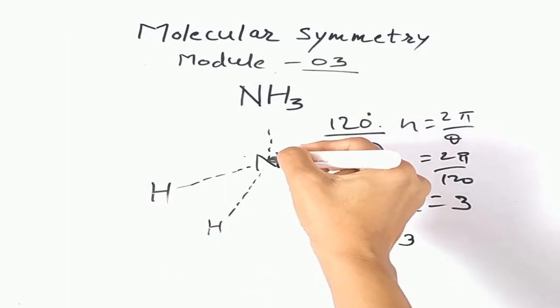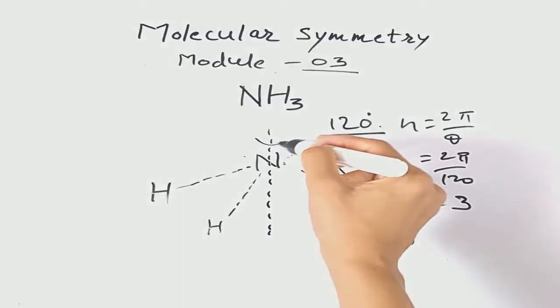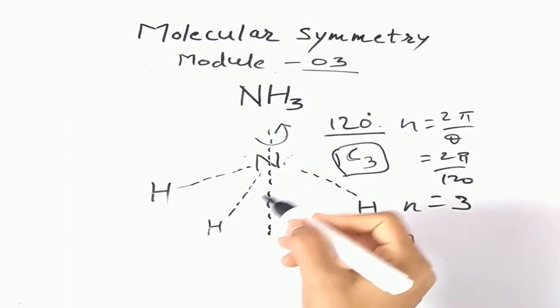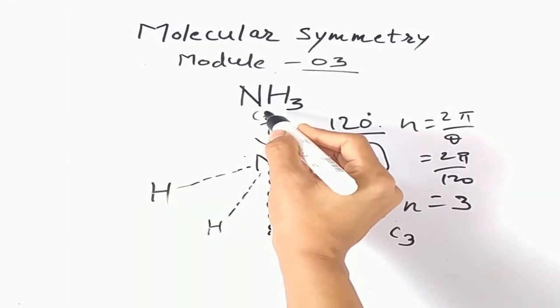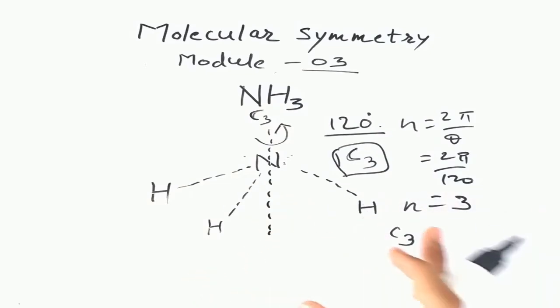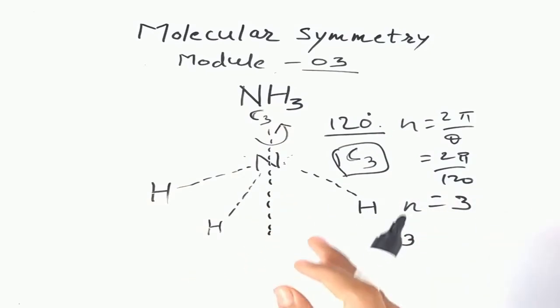This is the principal axis or rotational axis that we are passing, penetrating through nitrogen, having threefold rotation, that is C3. This rotational axis is nothing but the principal axis in ammonia. Why? Because it contains the one and only rotational axis, that is C3. Hence, it is called the principal axis for ammonia.